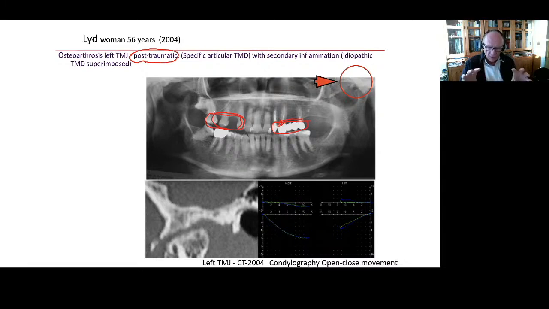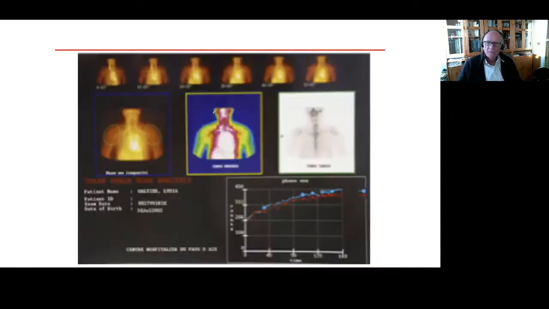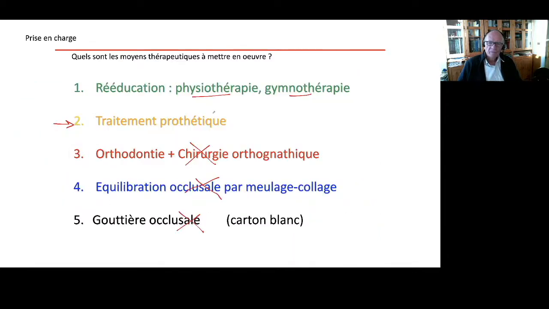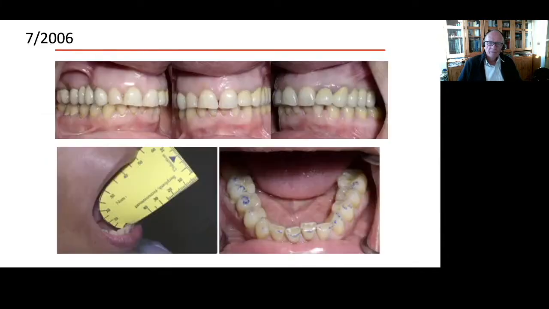So we have a green light for prosthetic treatment, which is invasive, but without overcost. And it is a treatment from 2006.